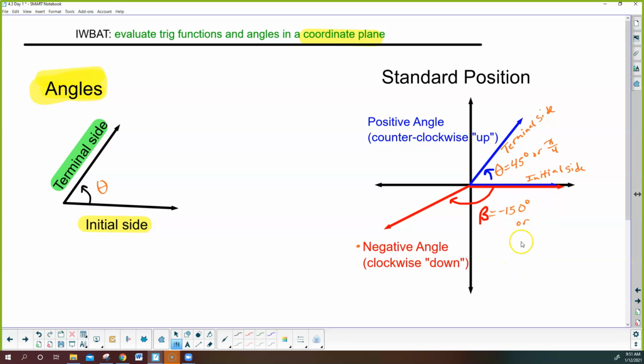Or what would that be as a radian? We're not really fully set on this yet, but this would be negative 5 pi over 6 radians. And I'll share with you how I knew what that was so quickly. But the big thing is notice the negative. The negative means you're going clockwise.